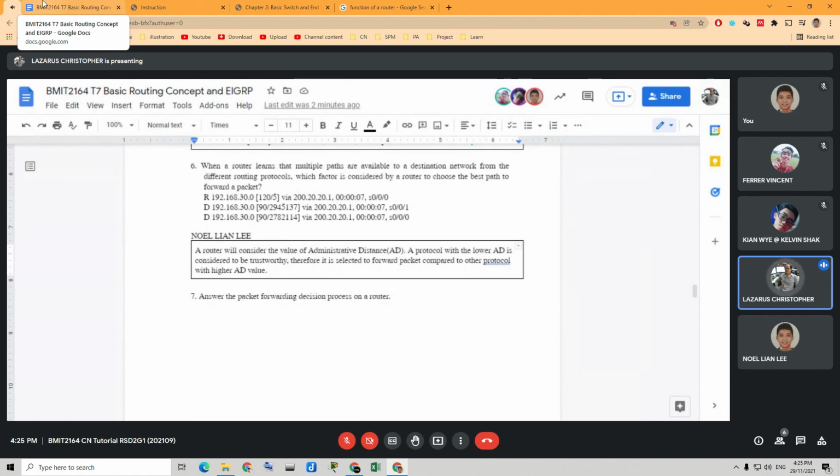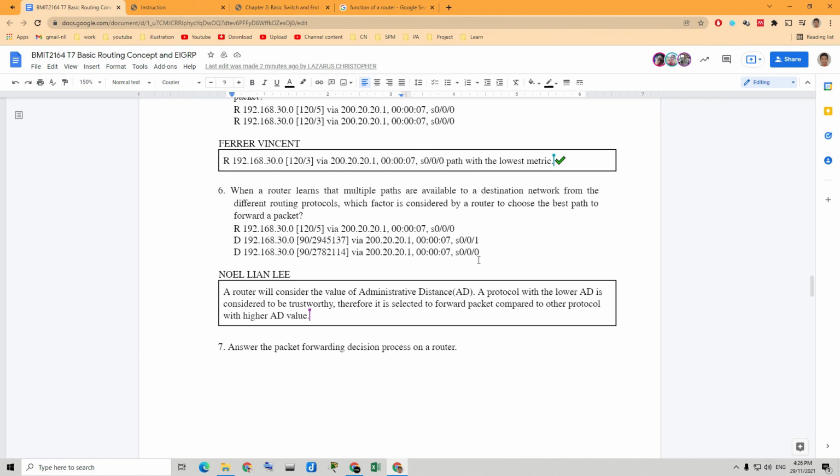In terms of the value of the AD, the lower AD. All the keywords are here: you mentioned administrative distance, and that what will be selected is the lower AD value, because it's considered to be more trustworthy. So that's the right selected one.